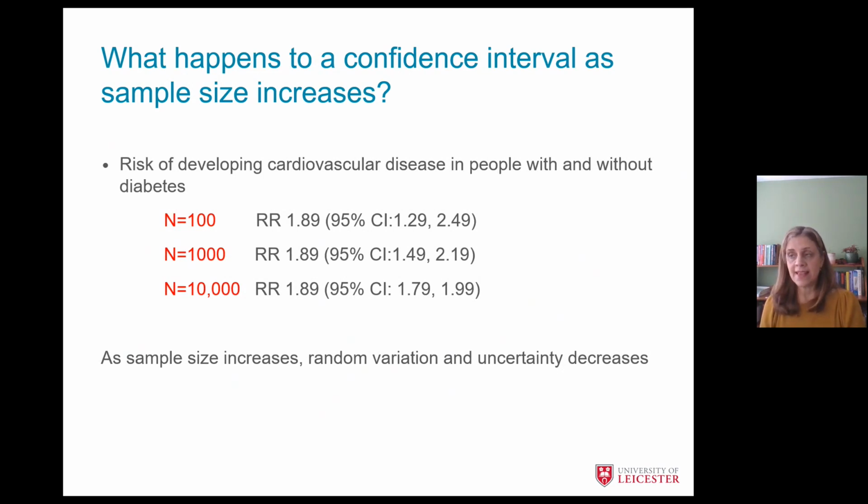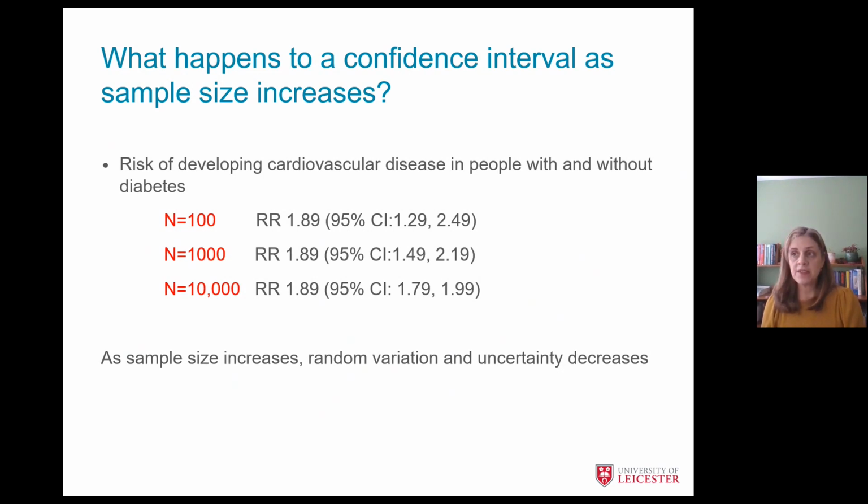So this has been estimated from a sample, and this is our best guess as to what the true underlying value is in the whole population. We've also quantified the error around our result, and we've decided that we're 95% certain that the true underlying value in the population lies somewhere between 1.29 and 2.49. So 1.89 is our best guess, but we're pretty certain that the true value in the population lies somewhere between 1.29 and 2.49. And that was a study with just 100 individuals.